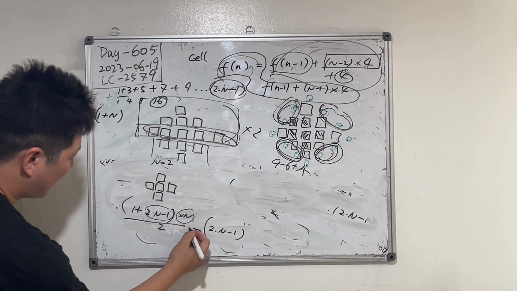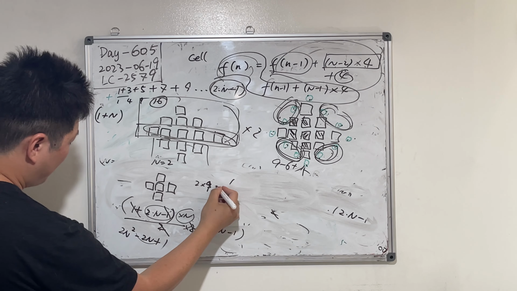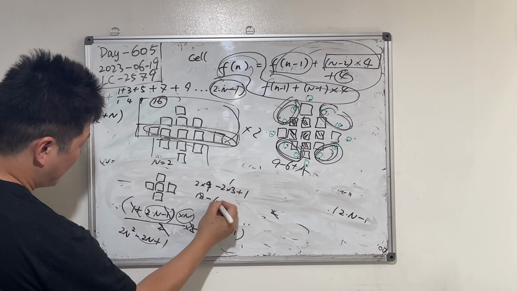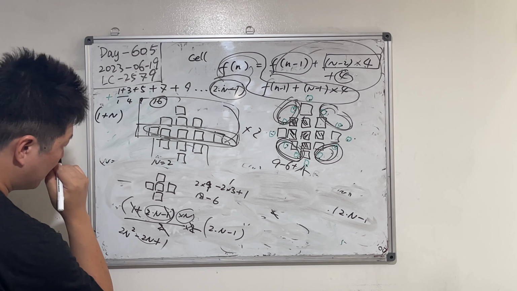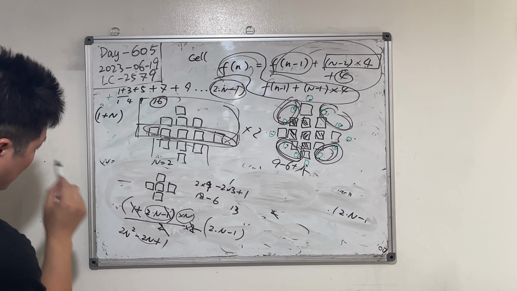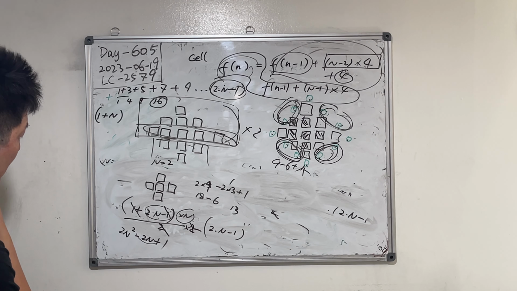Okay, so 2n squared minus 2n plus 1. When n equals 3, 2 times 3 squared, 9, minus 2 times 3 plus 1, which is 18 minus 6, that's 12, plus 1 is 13.